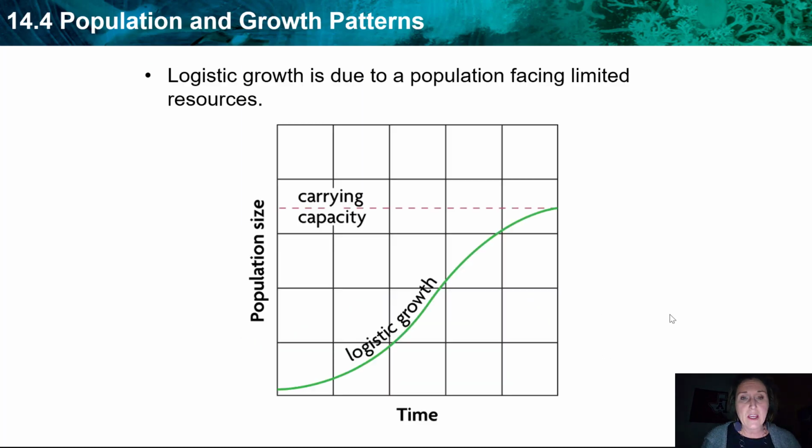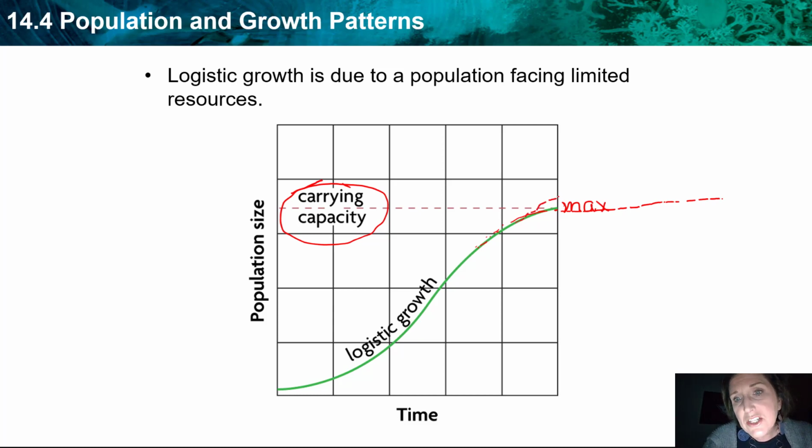I want to go back to this line. Carrying capacity right here, this is the maximum number of whatever population can support. So you're growing. This part right here might be exponential. Once you start to even off, this is logistic. And ideally, your population will stay right underneath carrying capacity.